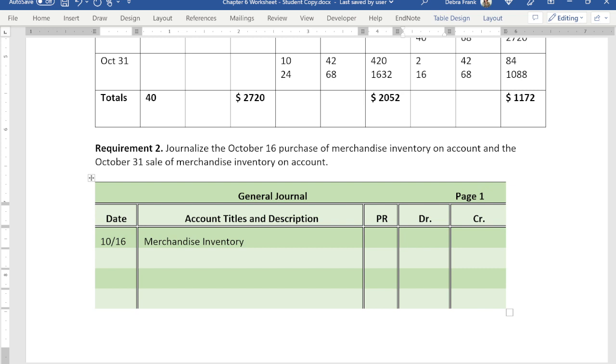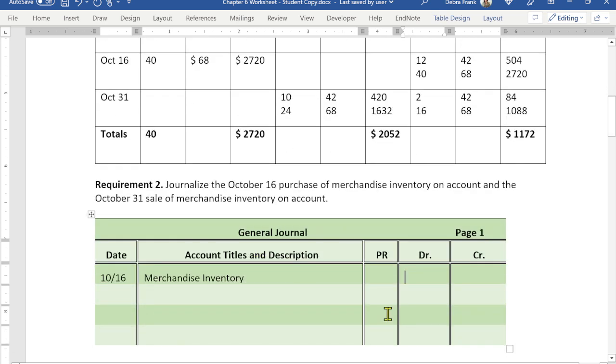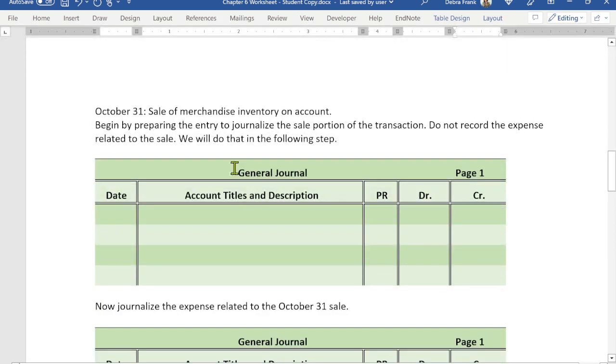That was the purchases total amount, 2,720. And it was on account, so we have accounts payable.